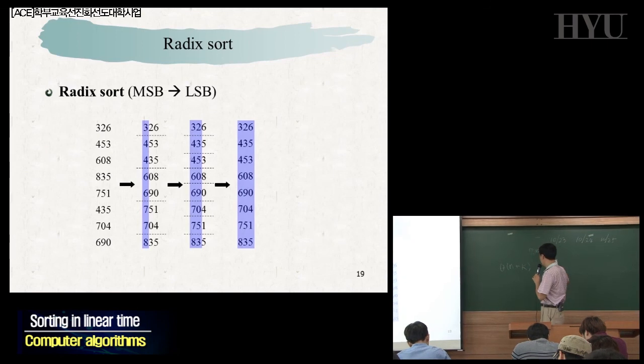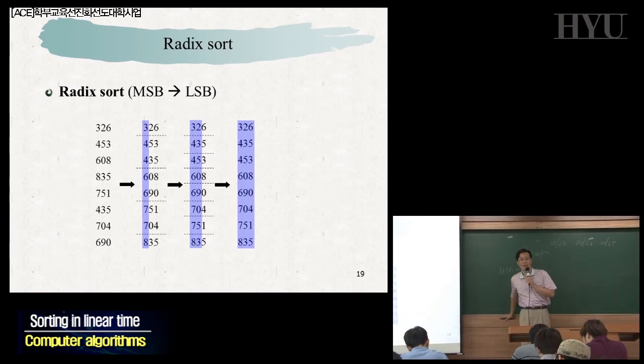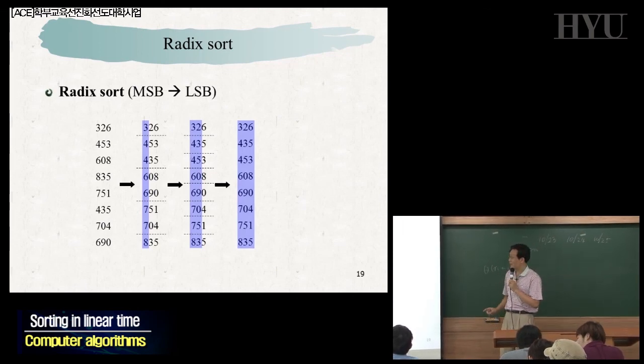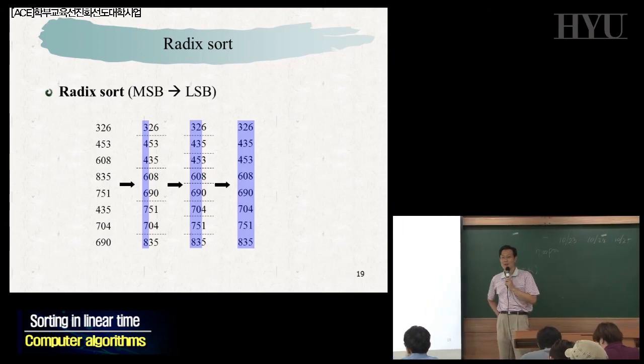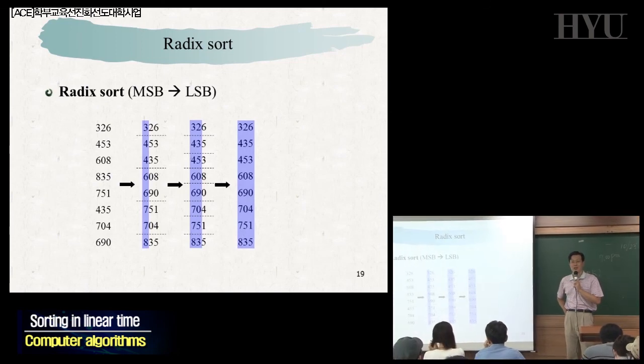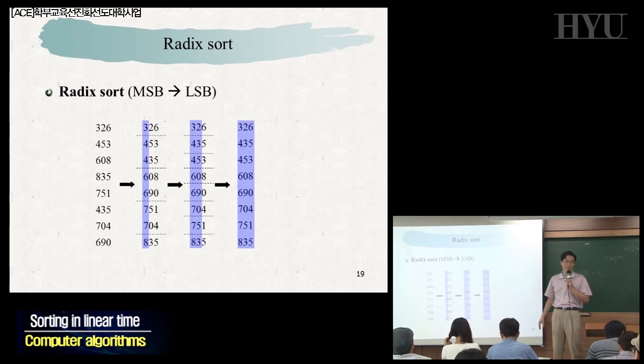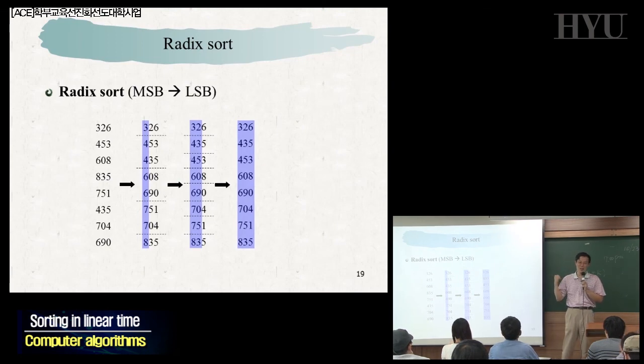Okay, then I will explain another sorting algorithm, radix sort. So try to understand the radix sort by looking at this example carefully. Or you don't have to look at this example carefully.